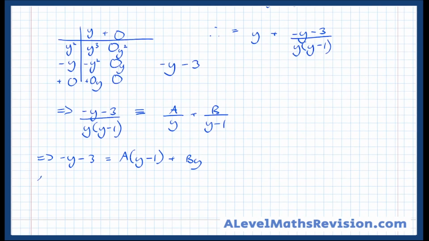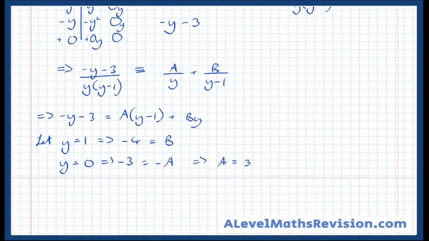So if we let y equal 1, we get minus 4 equals b. If we let y equal 0, we get minus 3 is equal to minus a, which means that a equals 3.